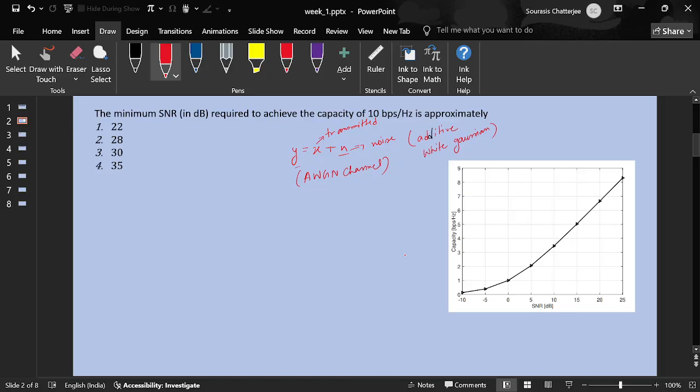When I'm saying capacity of a channel, let me write it down.